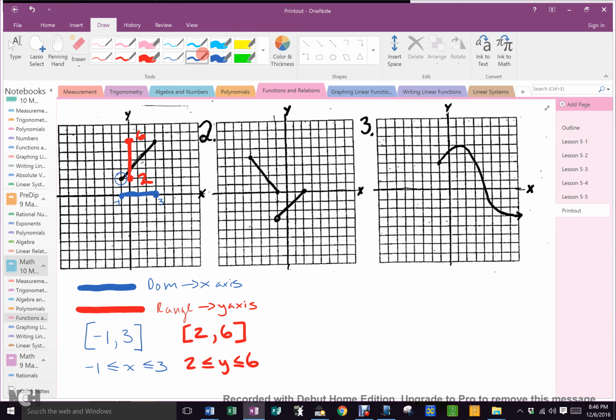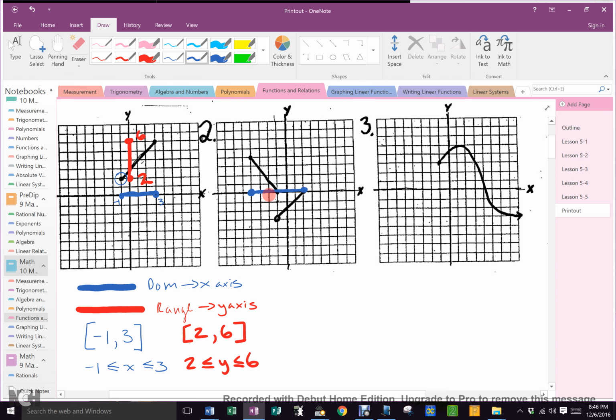Now let's come to this one. Start with blue. Now I only care about the x's, so I go to my lowest x, which is right there. It's got a closed dot, so that counts. I come all the way along here. When I get to here, it starts up again. There's still x values all the way to here.